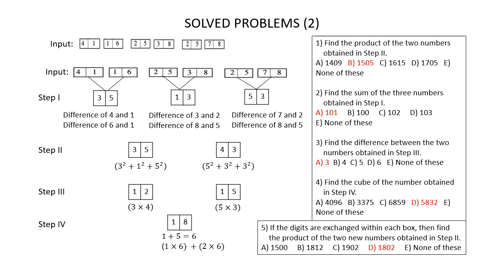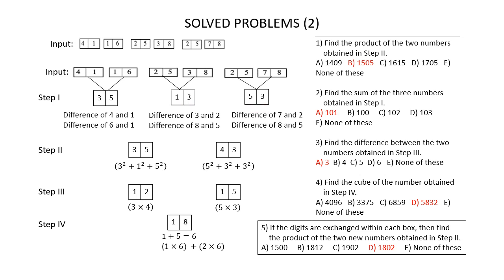So here 7 minus 2 is 5 and 8 minus 5 is 3. So 53 is the third number in step 1. So 35, 13 and 53 are the three numbers in step 1, and each of these numbers should be written within a box and each number should be split to its respective digits.